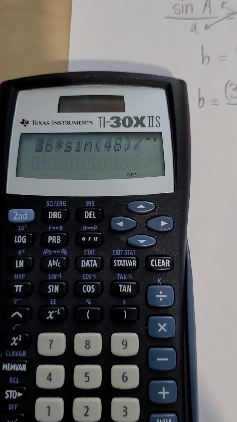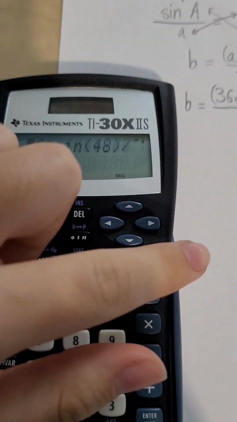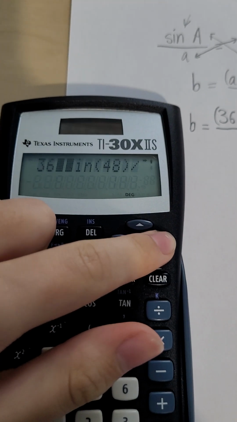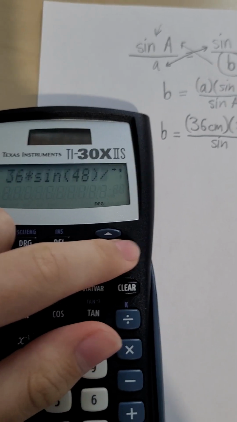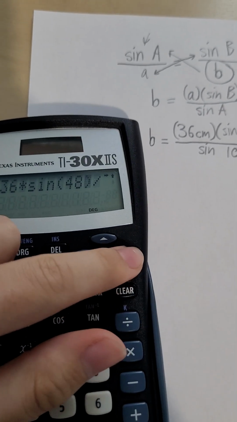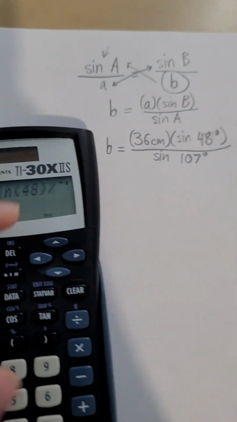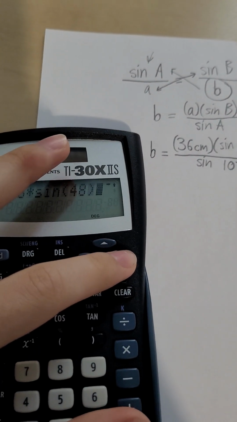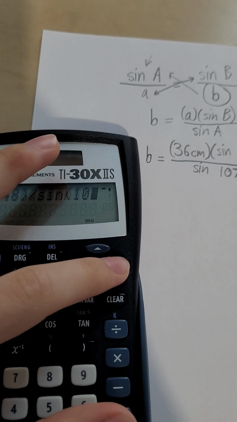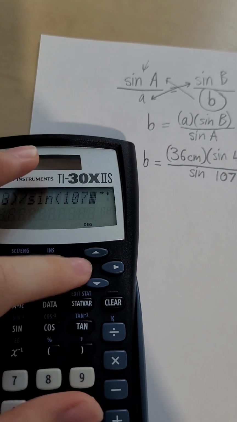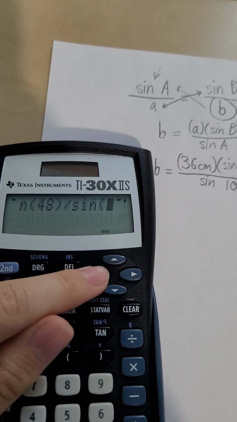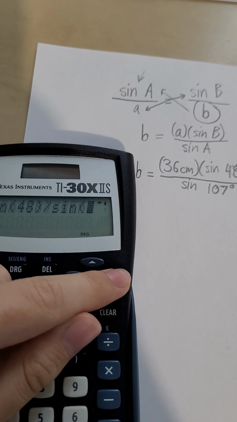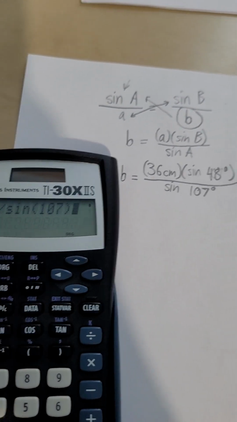Okay, so here I have the equation in my calculator. You see we have the 36 times the sine of 48. And this bracket at the end of 48 is very important, or else it will divide 48 by the sine of 107, which is not what you want. And so then we just divide by the sine of 107.